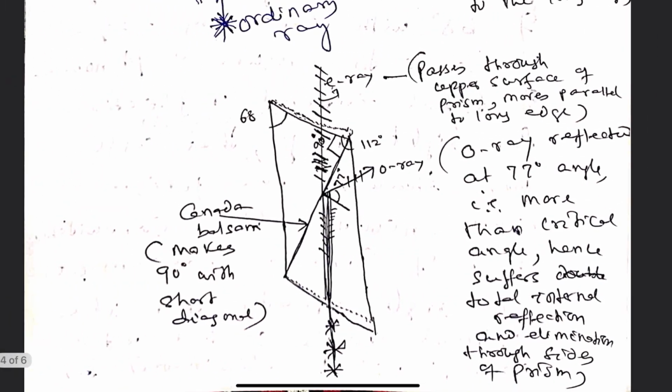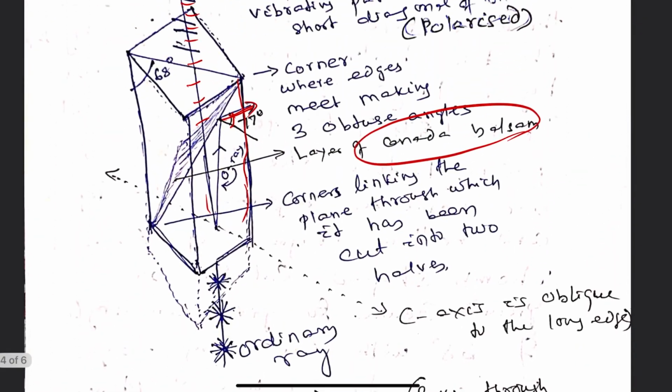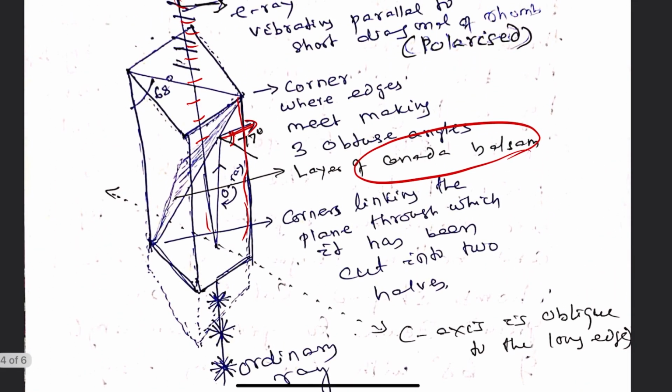Now, this is the calcite rhomb, whose length is 3 times its width, which is 1 time. Such a piece is taken.